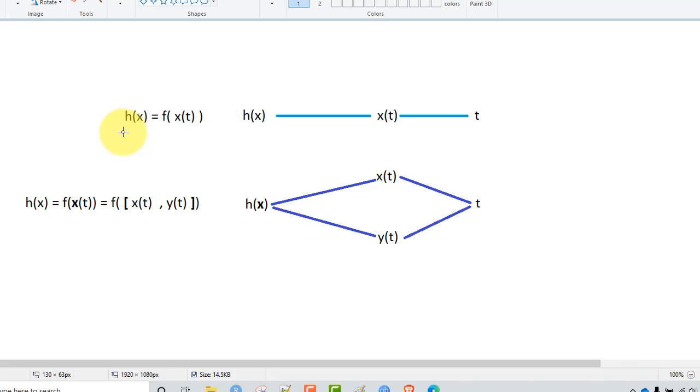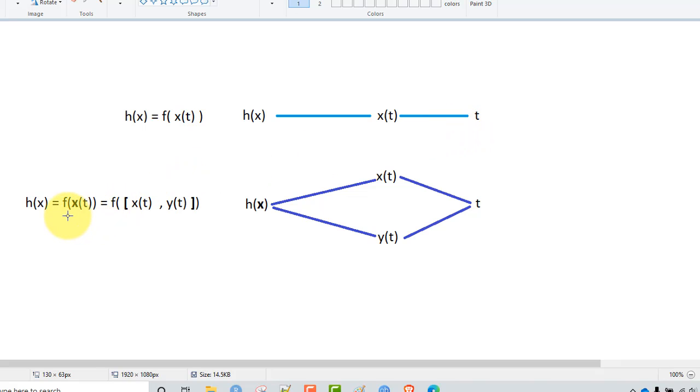So here I have a slightly different way of writing it, but instead of g, I'm calling it x. So we have h is actually f of x of t. So the inner function here is called x. So we see that h depends on x, but x depends on t. Okay, that's the original version.